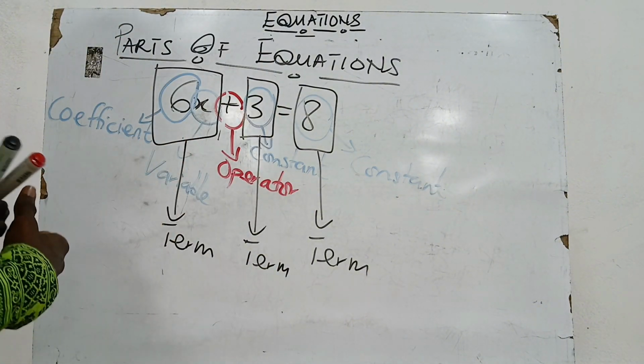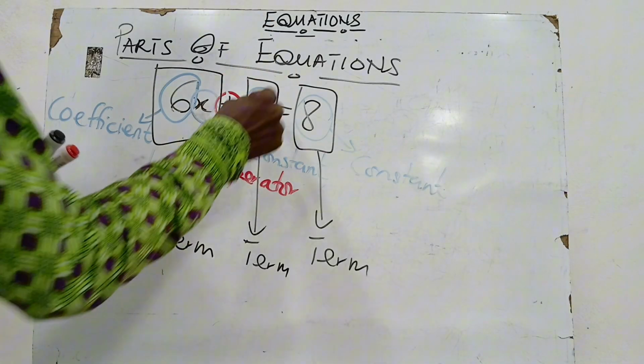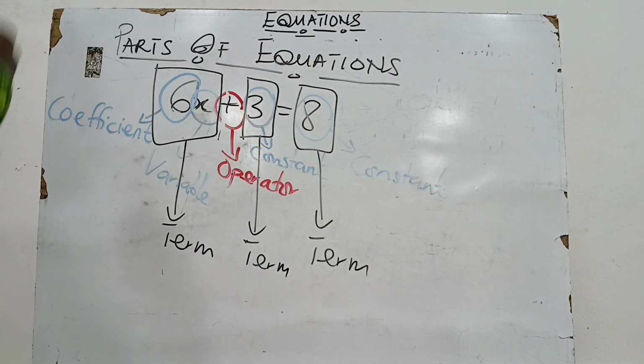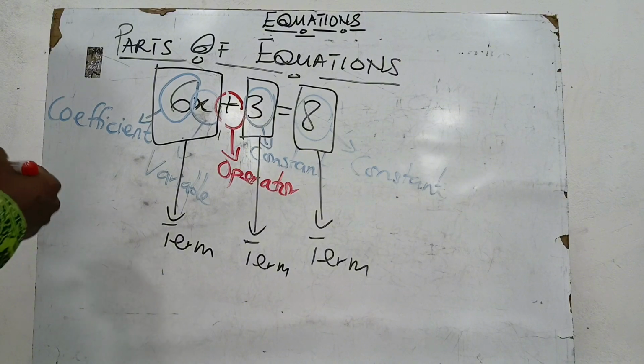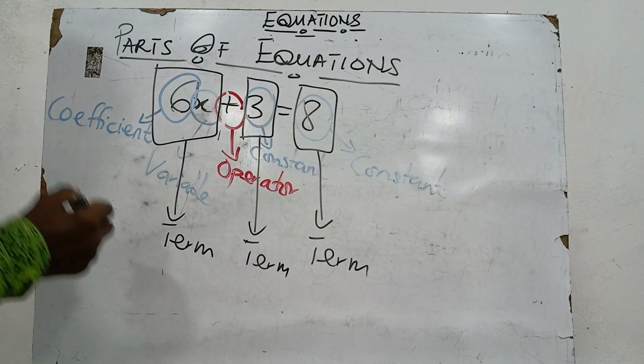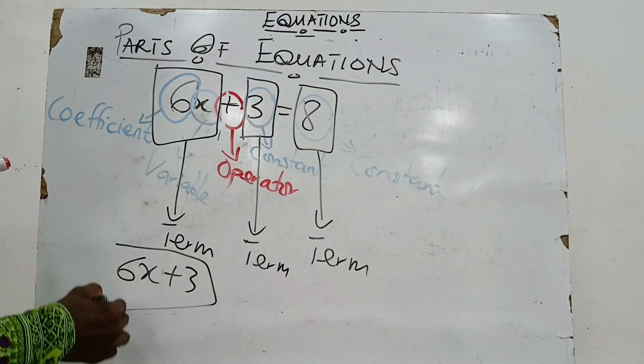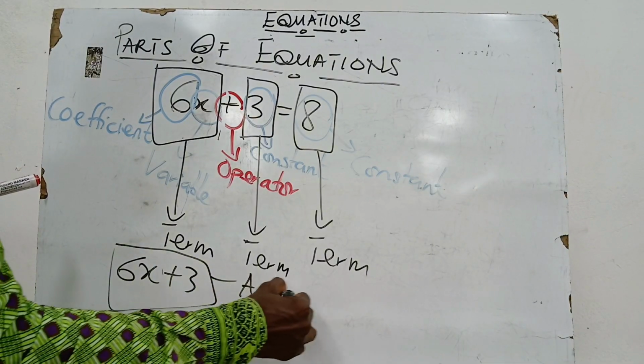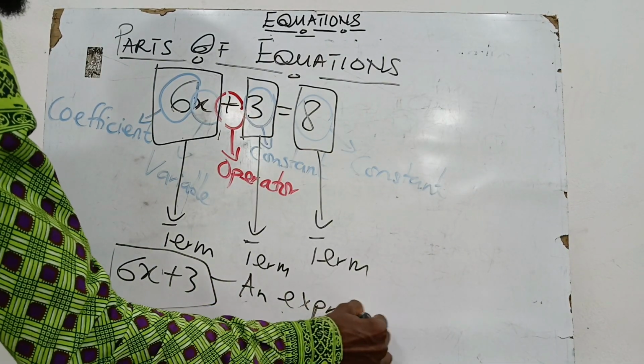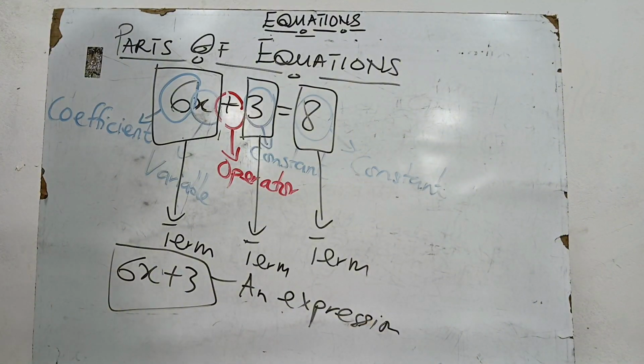Immediately you have an equal to sign in between them, then it becomes what? An equation. So if we just had 6x plus 3, we will say this is an expression. Are you getting it?